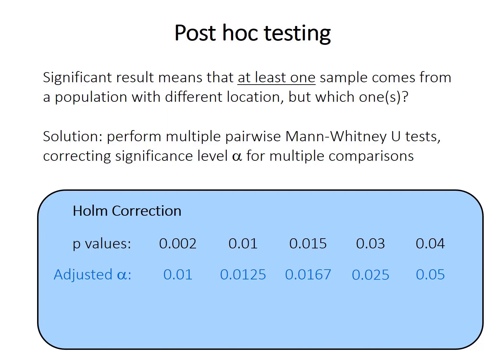So we do this sequentially, and we compare the first p-value to the adjusted threshold, and we can say, yes, this is statistically significant because the p-value is less than 0.01. The second one is also statistically significant, and the third one is also statistically significant, but the fourth one is not because the p-value is greater than our adjusted significance level. And so at that point we stop. We don't even look at the fifth one, even if subsequent values might be below the adjusted threshold.